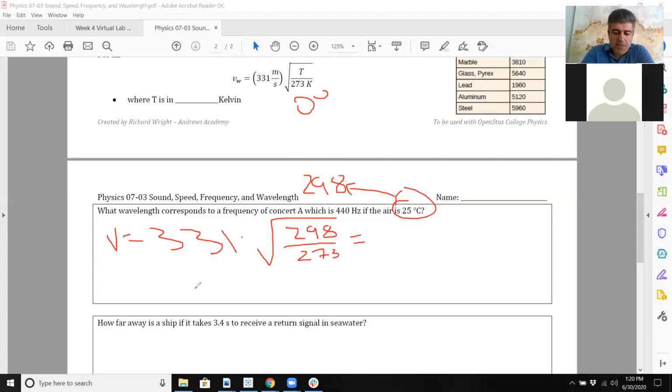And remember, velocity equals your frequency times your wavelength. So if I work that out, root of 298 divided by 273, you get 1.045, times 331. So about 345.82.